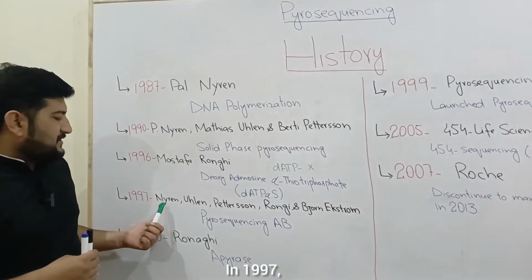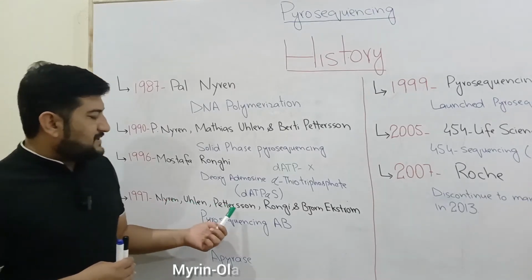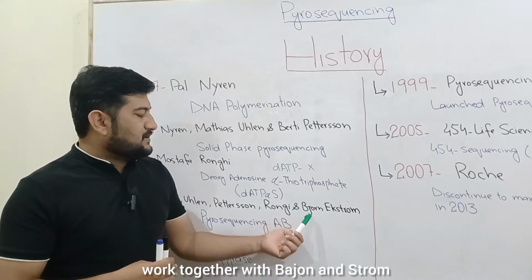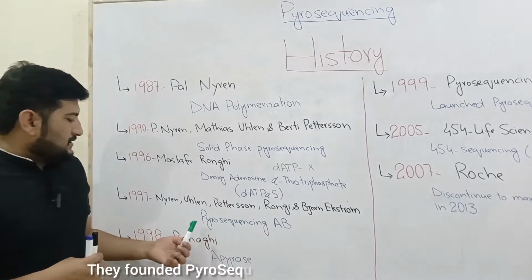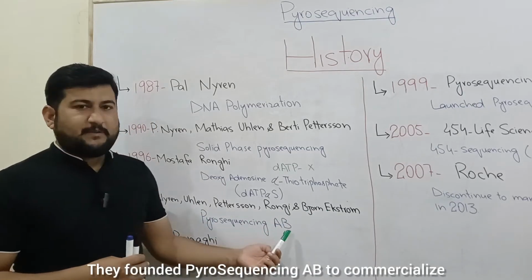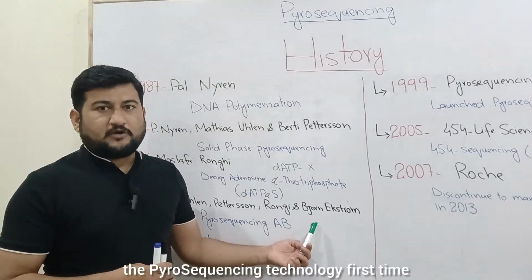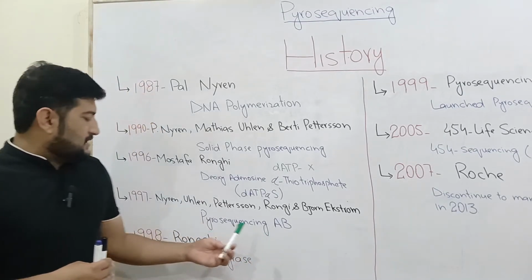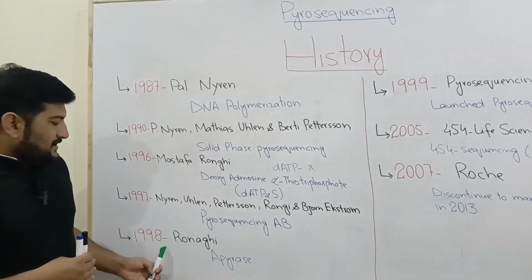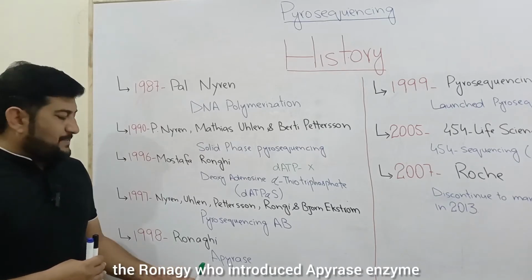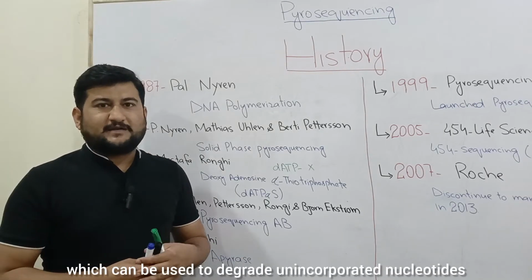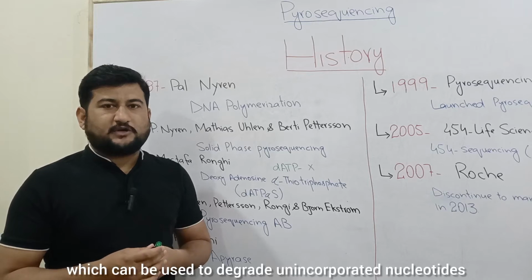In 1997, Nyrén, Uhlén, Pettersson and Ronaghi worked together with Björn Åström. They founded Pyrosequencing AB to commercialize pyrosequencing technology for the first time in history. After this, in 1998, Ronaghi introduced the apyrase enzyme, which can be used to degrade unincorporated nucleotides.